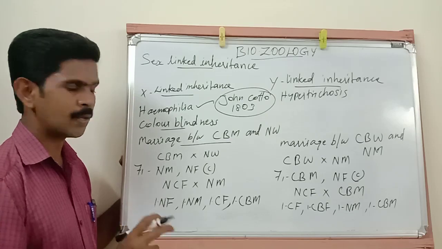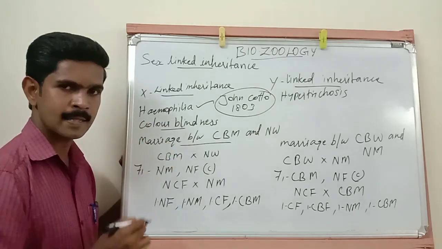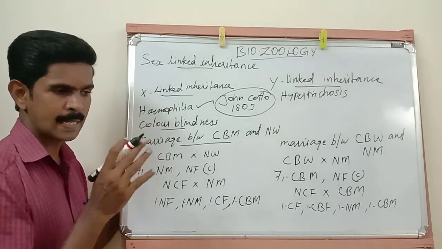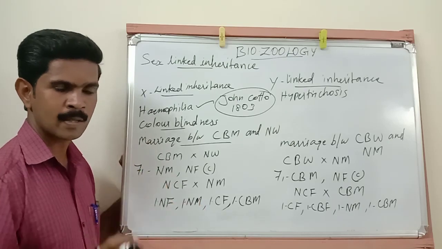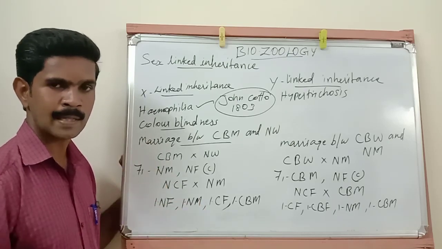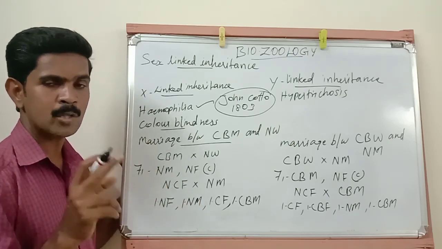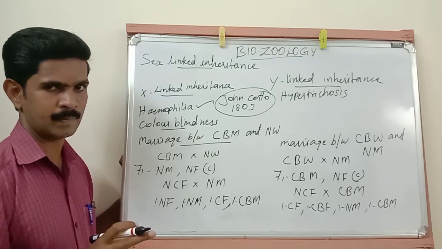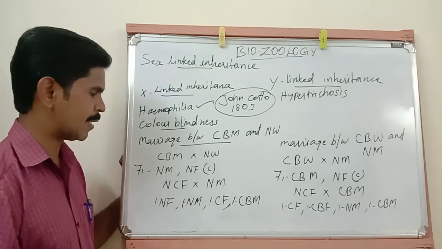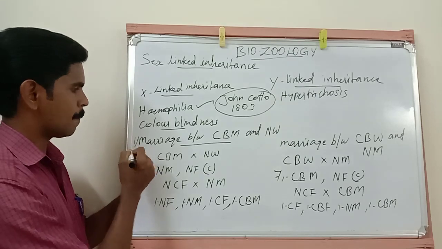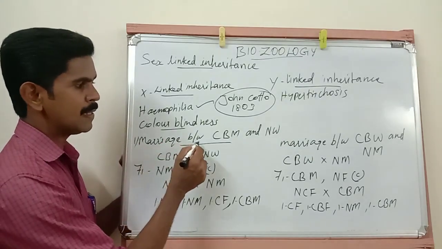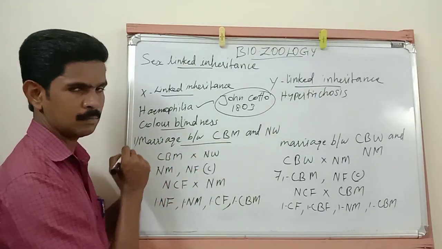Then listen very carefully. This color blindness disorder is transmitted from one person to another, from one generation to the next generation, by two types of marriages. Listen very carefully. The first one is marriage between a CBM.